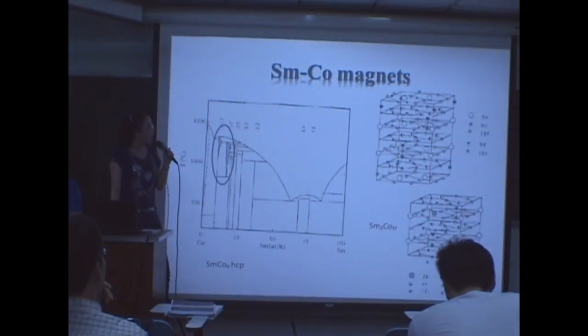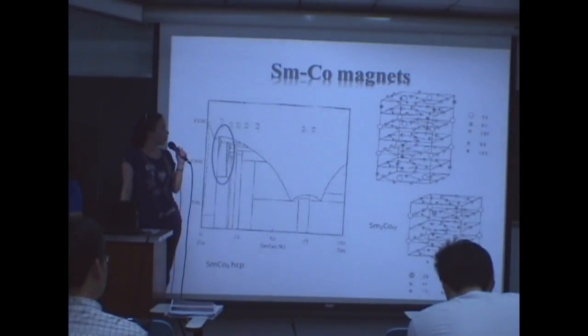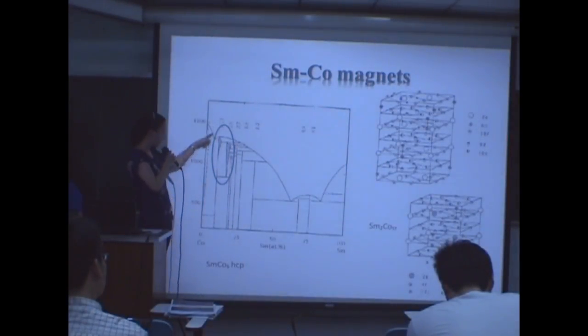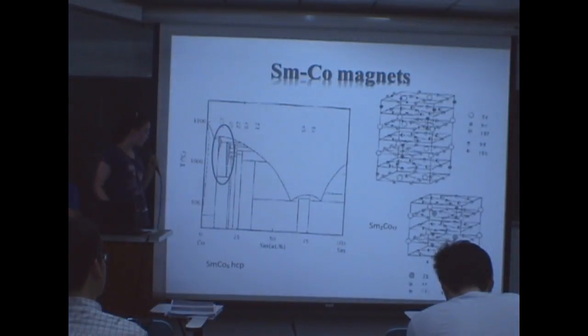And next part is the samarium cobalt magnet. The principle is located at the cobalt-rich phase, just the first circle, and it can be classified into two parts. First is samarium cobalt 5. It is an FCP structure, and the samarium atom is surrounded by the FCP structure of cobalt atoms.